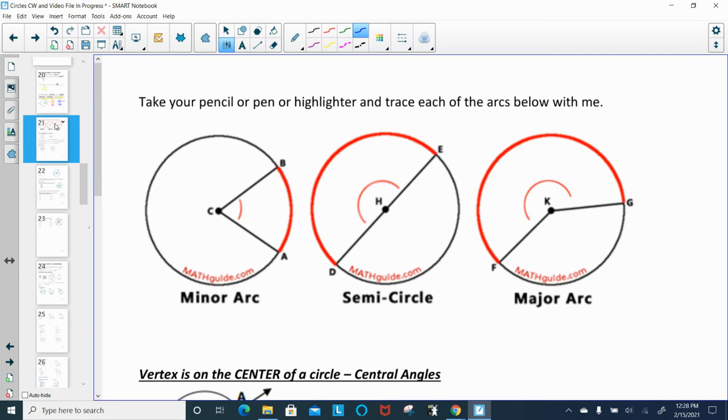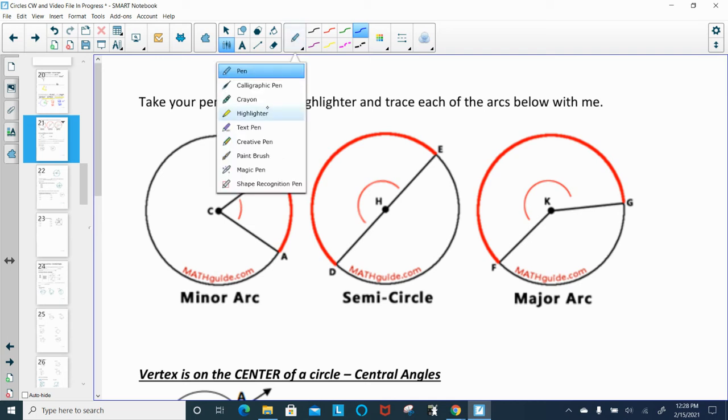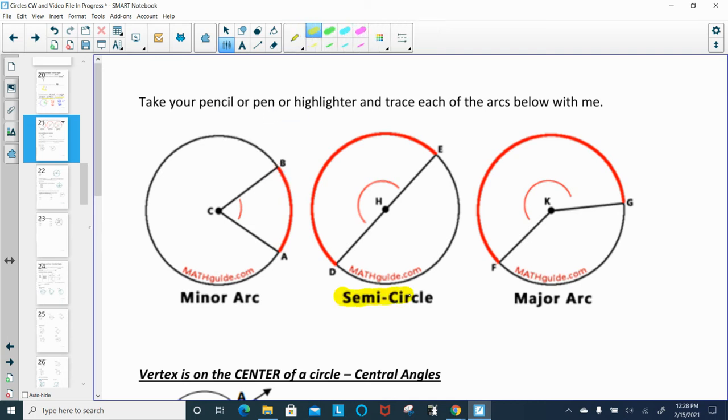So here's another picture of the minor arcs and the major arcs, but it also shows you a new vocabulary word right here called a semicircle. And that semicircle means half of the circle.